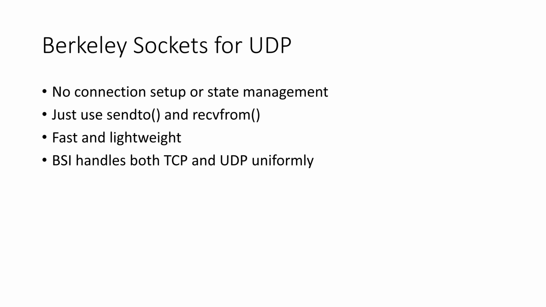This simplicity makes UDP fast and lightweight, perfect for quick one-off messages where speed matters more than reliability. What's neat is that the Berkeley socket interface supports both UDP and TCP in a consistent way, letting developers use the same general approach for different types of applications.